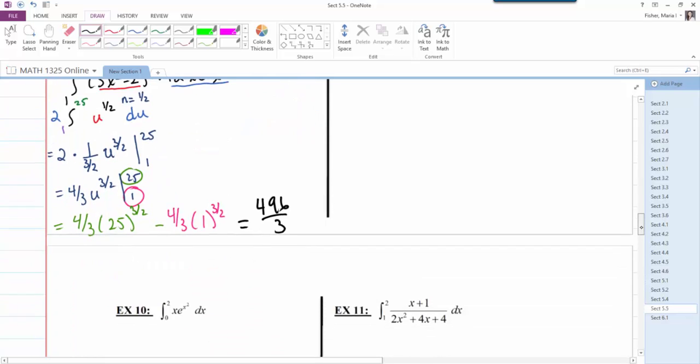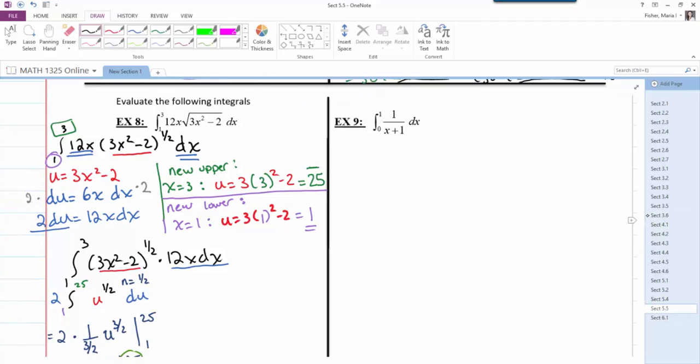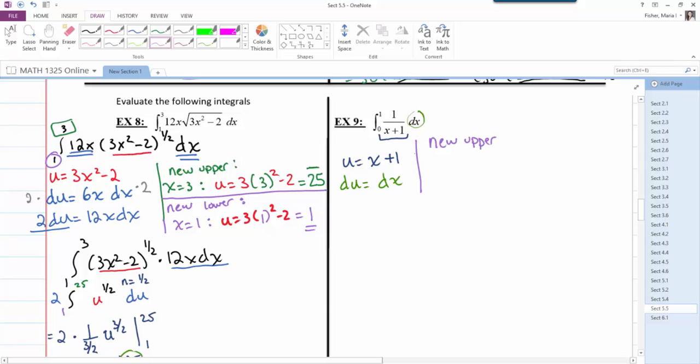All right, let's go ahead and do example 9. More of the same. So here, I'm going to let u equal my denominator, which is x plus 1. If u is equal to x plus 1, my derivative du would just equal dx. Perfect, because that's all I have. I'm going to change my limits of integration. My current upper limit of integration is 1.